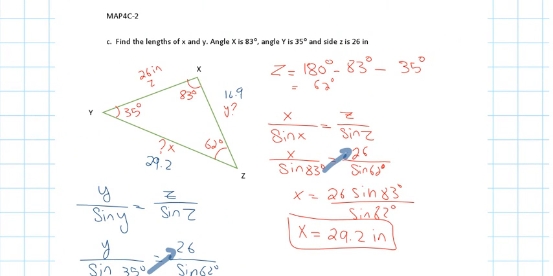My biggest angle is 83, and it has the opposite largest side, right? Out of all three sides, the largest one is 29.2, and it's opposite the 83 degree angle. And the smallest angle, which is 35 degrees, has the opposite smallest side. So my answers do make sense, right? If you end up with a huge angle and a small side, there's something wrong there. Go back and check, okay?